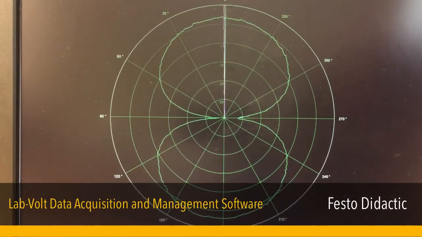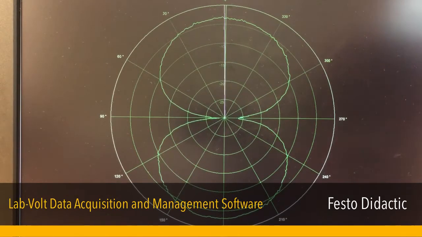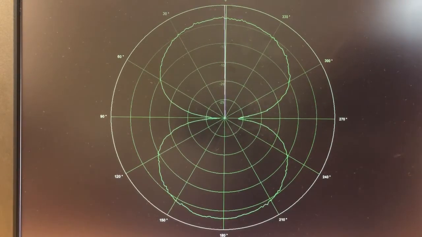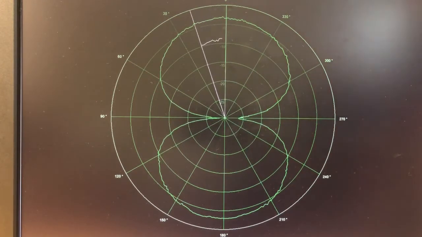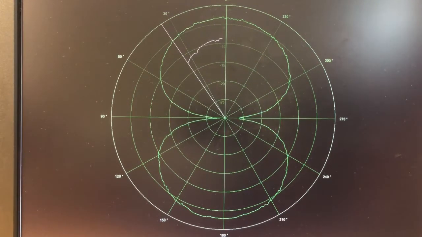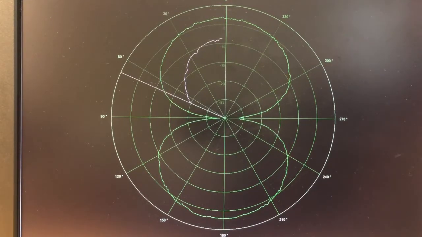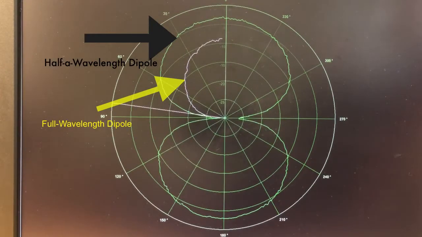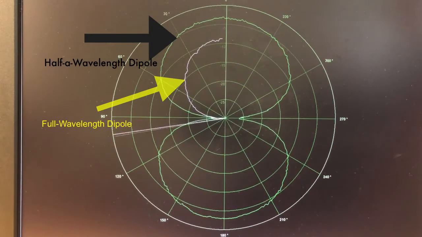Okay, now we're going to start collecting the E-plane cut pattern of the full wavelength dipole antenna. We start the acquisition, and now it's plotting. While it's plotting, you can also compare its relative pattern to the half wavelength dipole antenna.